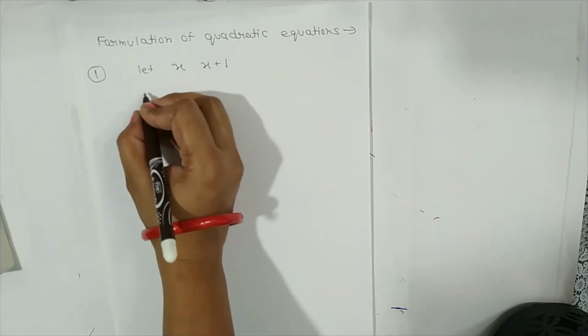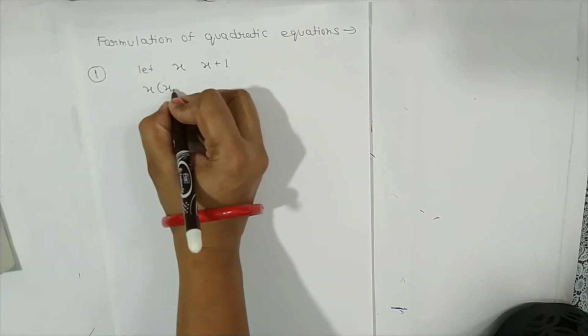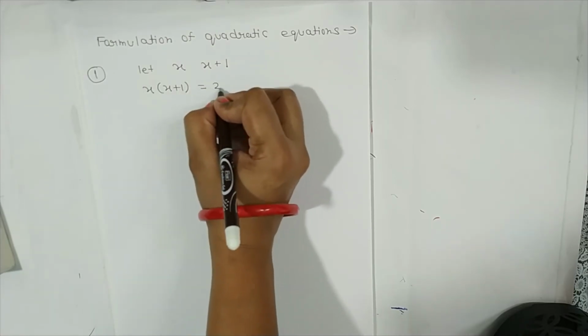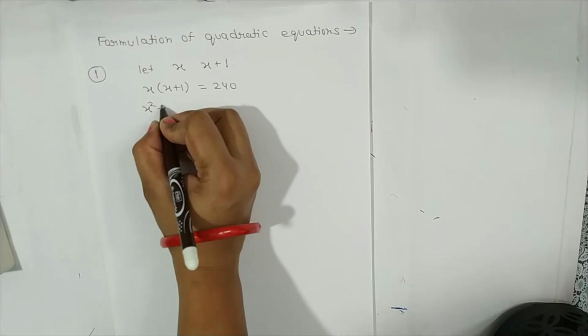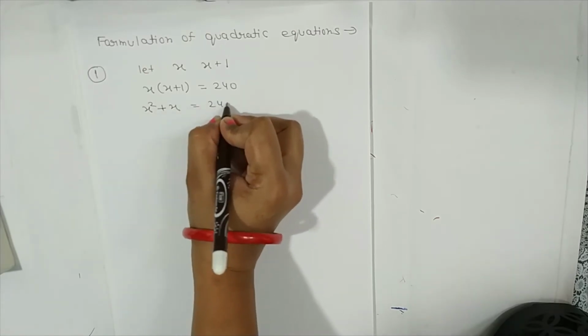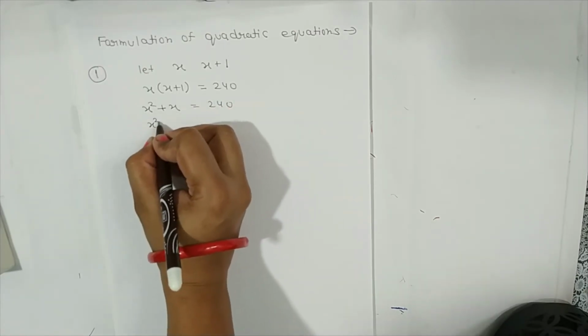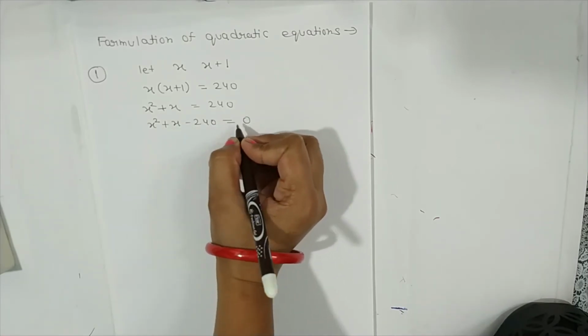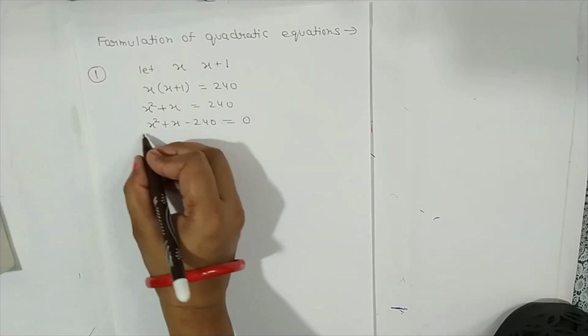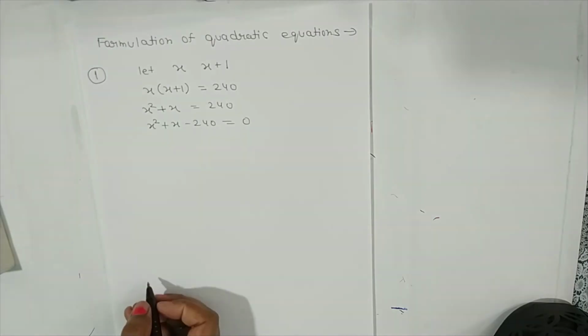So the equation will be x multiplied by x plus 1 is equal to 240. Now we multiply: x square plus x is equal to 240. Now transfer it. This is the solution. So this is called the quadratic equation.